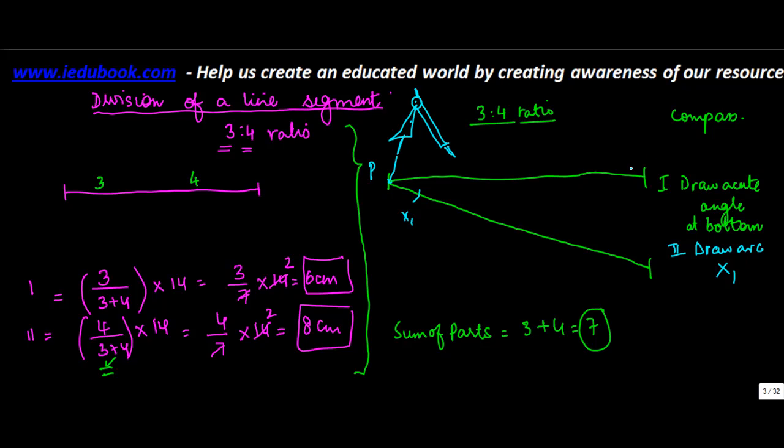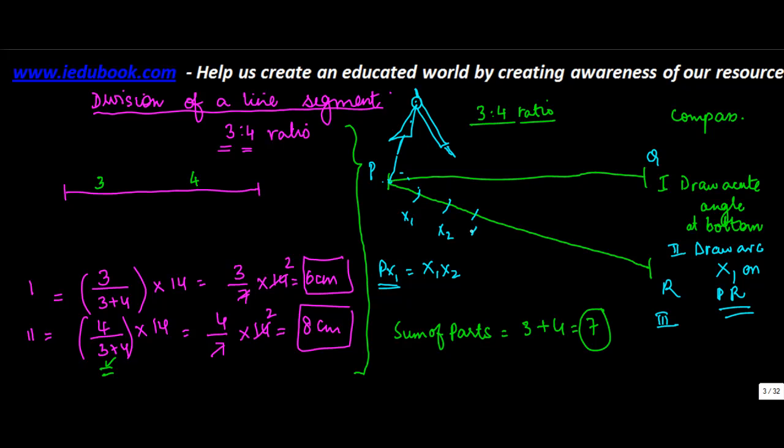Let's call the points P, Q, R on PR. Now, taking the same distance, the distance between P and x1, move the compass to this arc and cut another arc here. Let's call it x2. And the distance between x1 and x2 is equal to Px1, right?